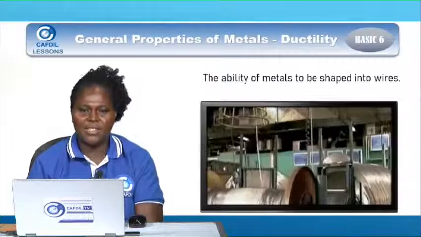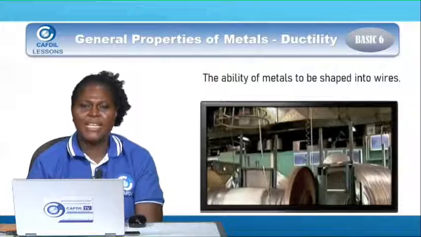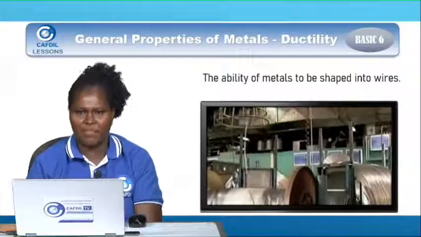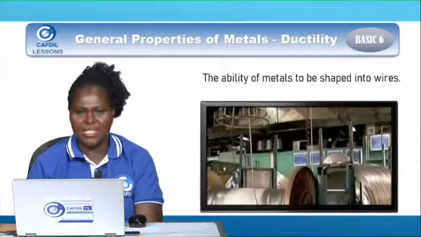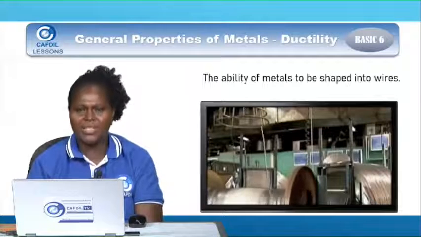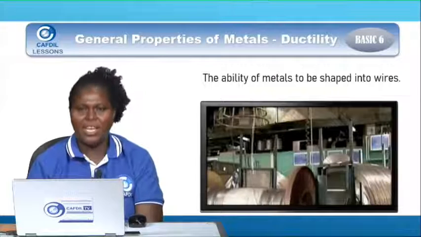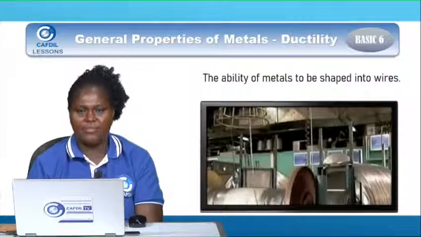We can see a video on our screen. The ability of metals to be shaped into wires is the ductility.